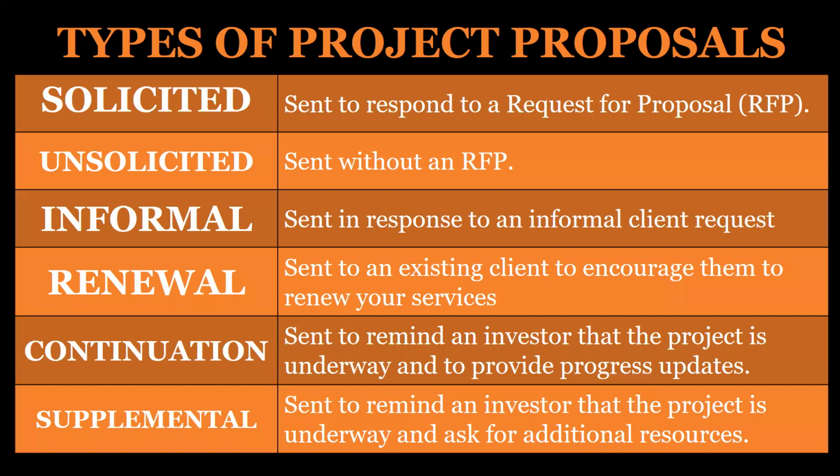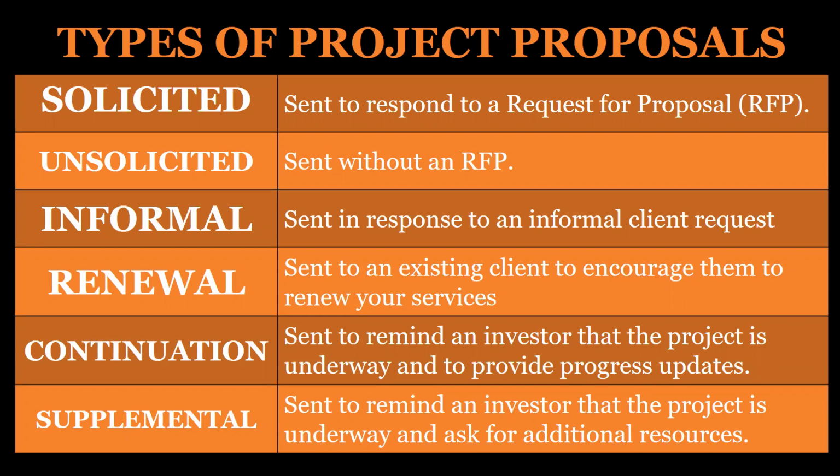Okay, so there are actually types of proposals: the solicited, unsolicited, the informal, renewal, continuation, and supplemental. So when we talk about solicited, these respond to a request for proposals. Unsolicited, sent without an RFP or request for proposal. Informal, it is sent in response to an informal client request.